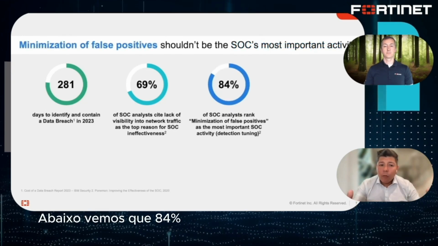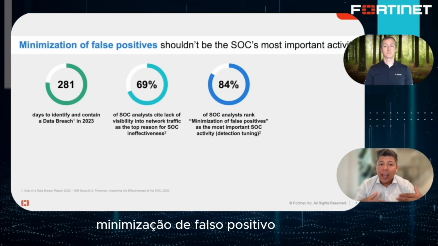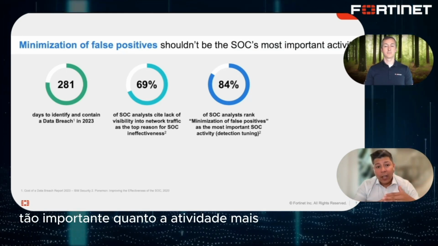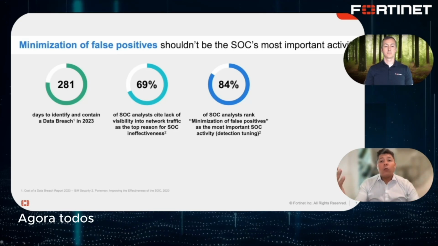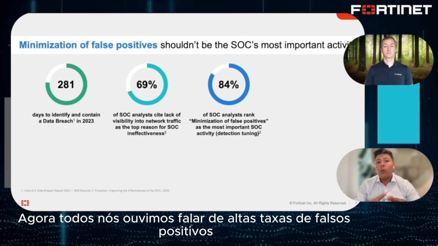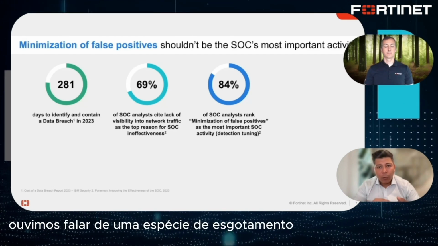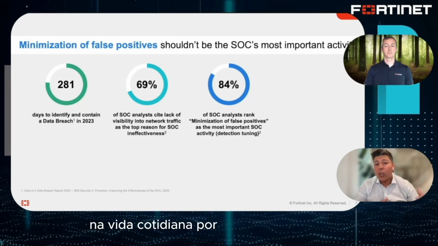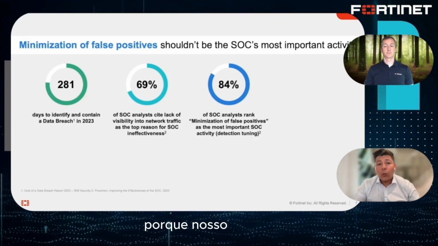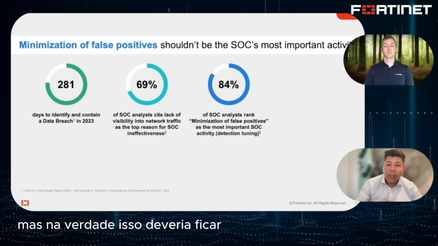Next, we see that 84% of SOC analysts rank minimization of false positives as the most important SOC activity. Now, we all hear about high rates of false positives. We hear about the need for detection tuning. We hear about analyst burnout on a day-to-day basis. Why is this? Because our tools are generating lots and lots of alerts, but really this should be on the vendor side.